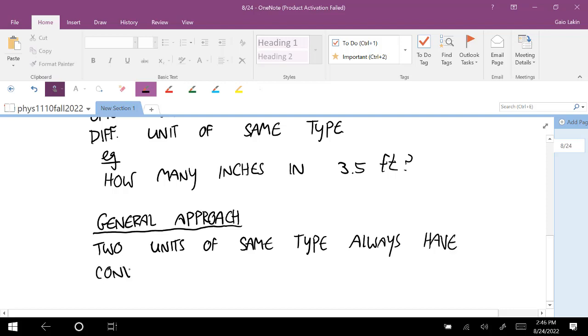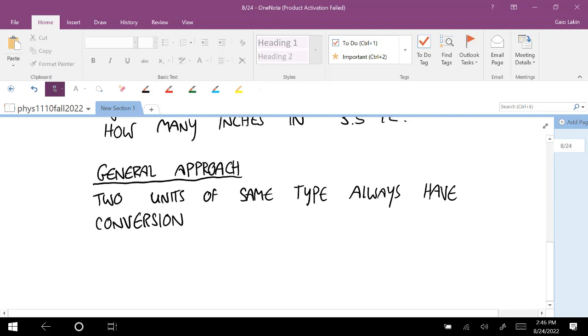In the example above, the two units we're dealing with are inches and feet. So the conversion between inches and feet is that 1 foot is equal to 12 inches.